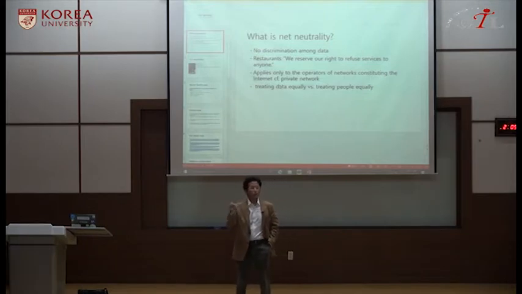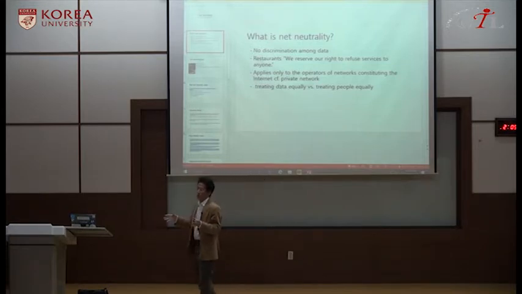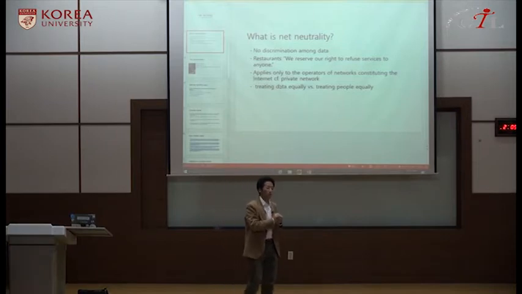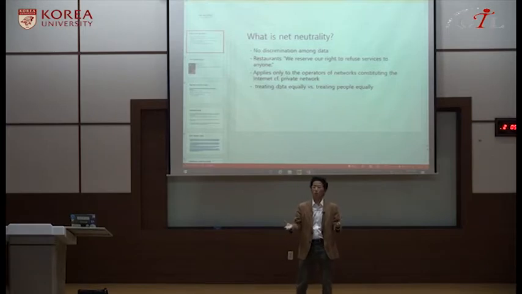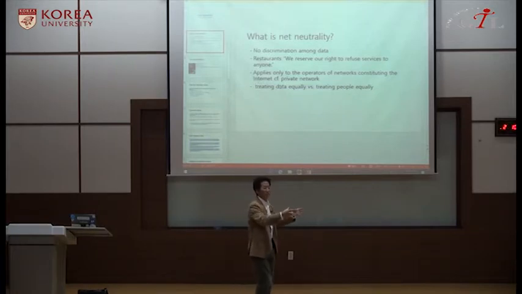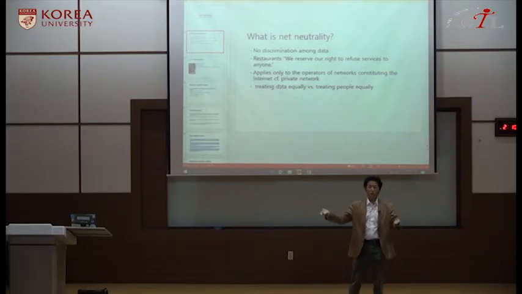Now, that's not a net neutrality violation. The operator of a private network can choose to discriminate not just who gets on the network, but also what kind of data is processed through the network, depending on the foundational purpose of the network. There must be a reason why that certain institution, Korea University, or hospital can have its own network, right?